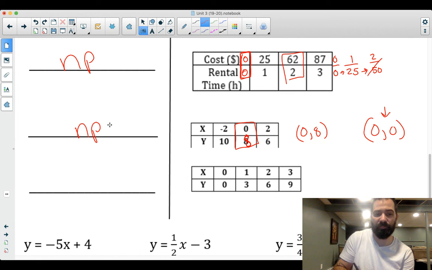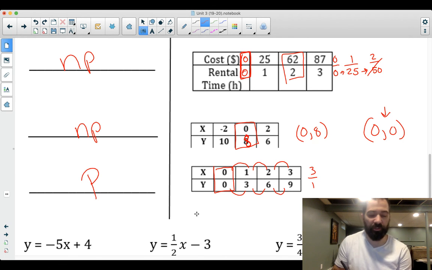Doesn't work, non-proportional. Then our last one, we have 0, 0. That's what we need. Check your growth. +1, +1, +1. +3, +3, +3. Your growth is 3 over 1, constant, proportional. Constant growth went through 0, 0.